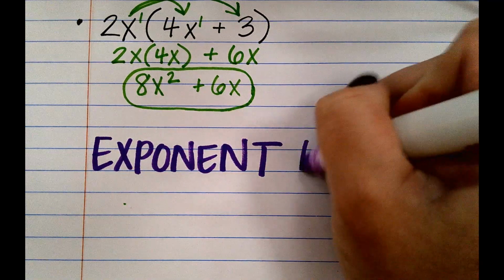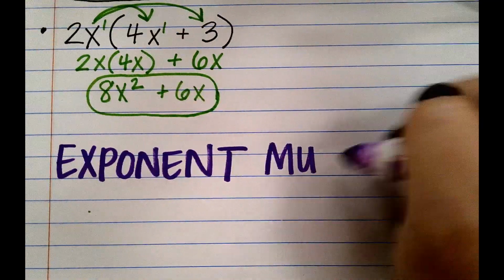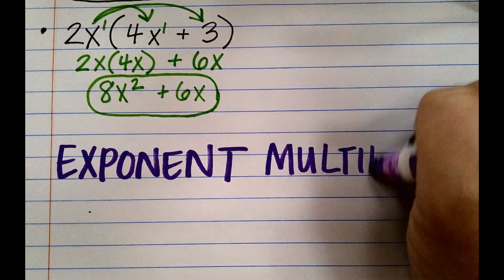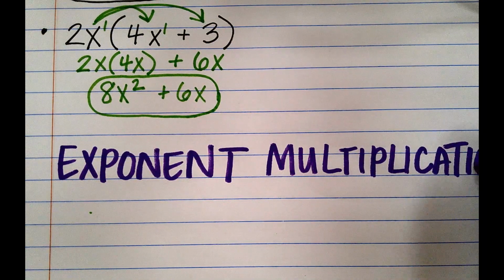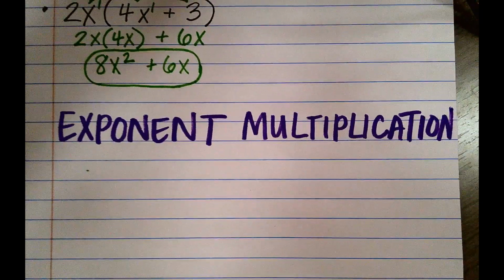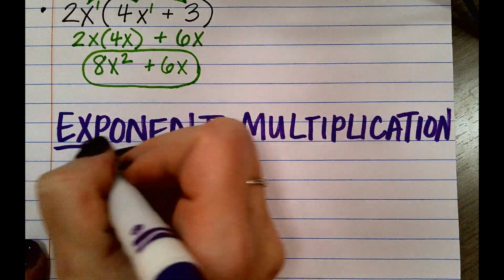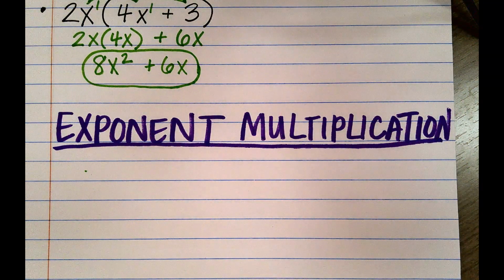Exponent multiplication, which is what we just did. We just multiplied exponents. That's a big word. Exponent multiplication. And I'm going to write a little formula. If you find this useful, great. If you don't, you can ignore it.